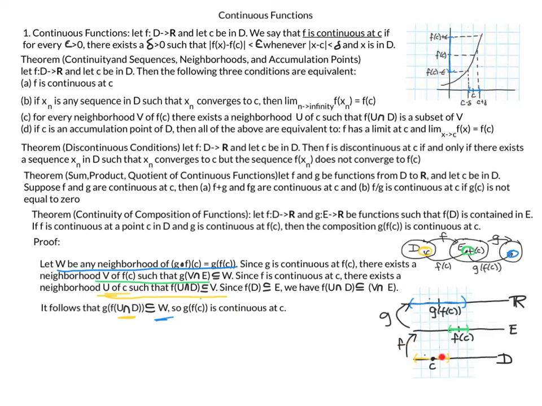I map this neighborhood from D to E, mapping the neighborhood of c to f of c, which is in green, and then I map to the real numbers with g of f of c, which gets mapped to this neighborhood in blue. I just wanted to make sure I drew this at least once with these neighborhoods on the real number line instead of with this blob interpretation.